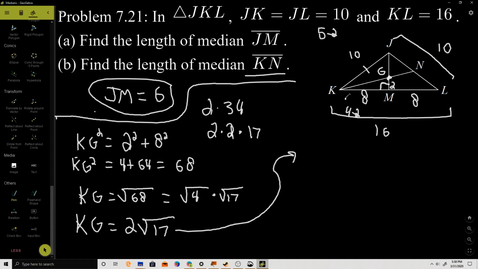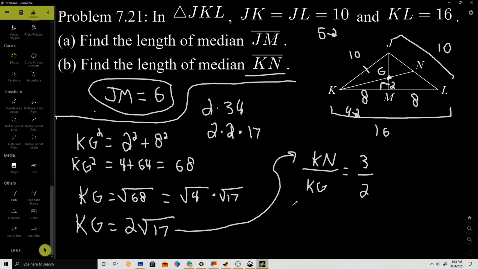And since KG is the larger section of the median, that means if I did a ratio of KN over KG, that would become a 3-to-2 ratio.